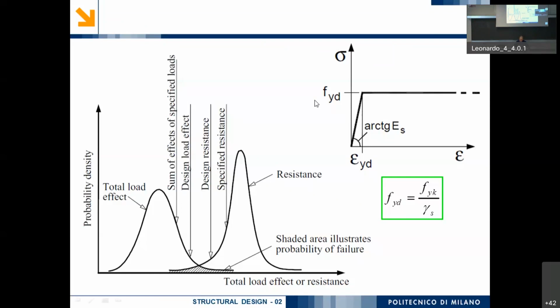Elastic plastic behavior of the materials means that the material, for example, steel or aluminum, is linear until a certain value of the stress is reached. Okay? This value of the stress is called yielding stress. Okay? And generally it is denoted as Fy.